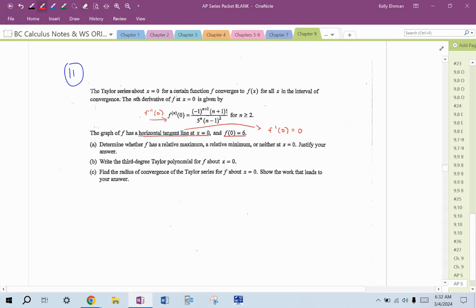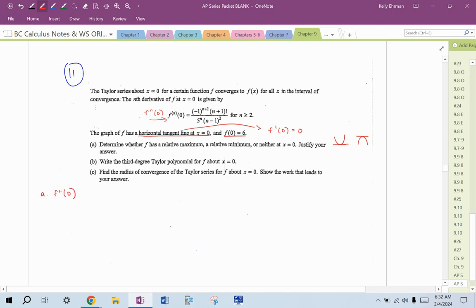So if we know there's a critical number, so there's a horizontal tangent at x equals 0, and we can figure out the concavity at x equals 0, then that will tell us whether we have a relative min or relative max. So concavity is based off of the second derivative at 0.